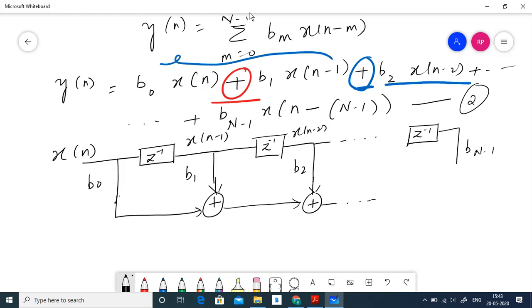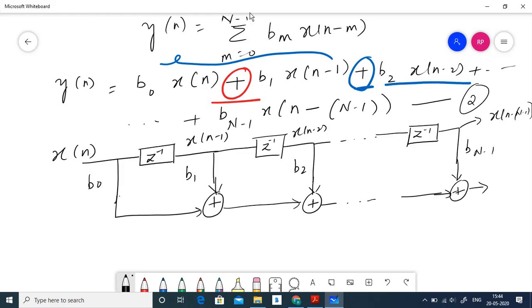After you insert the last delay element, here you will get x(n-(N-1)). This is the term you will get there. For that we should multiply by this constant, and I should add that with the previous value. So I'll take one adder and add. Finally, what you will get?